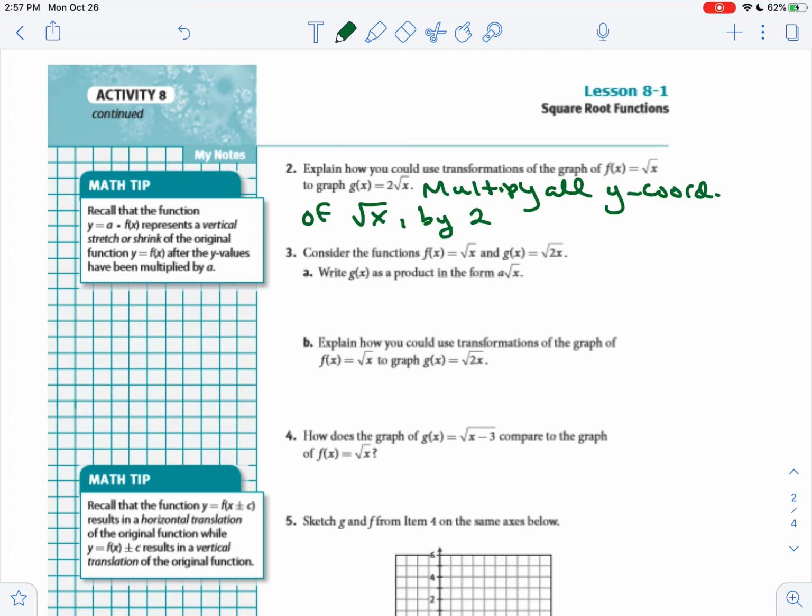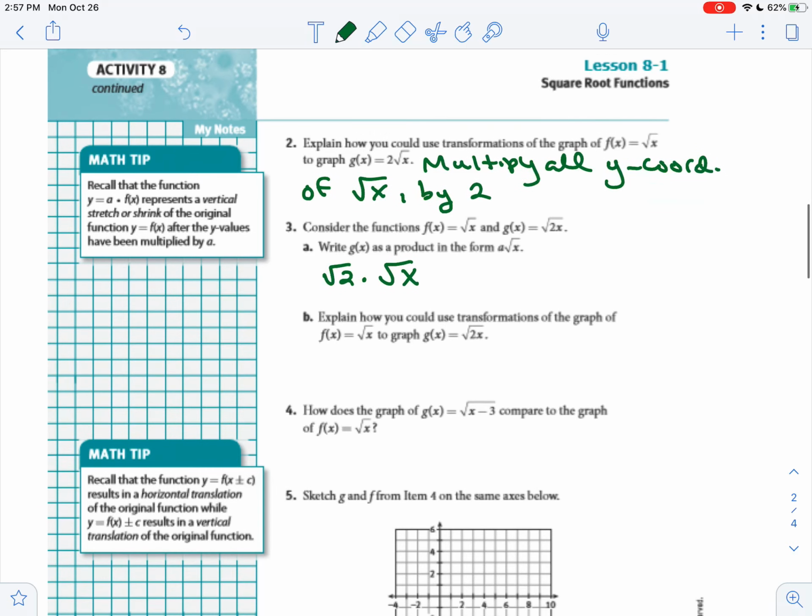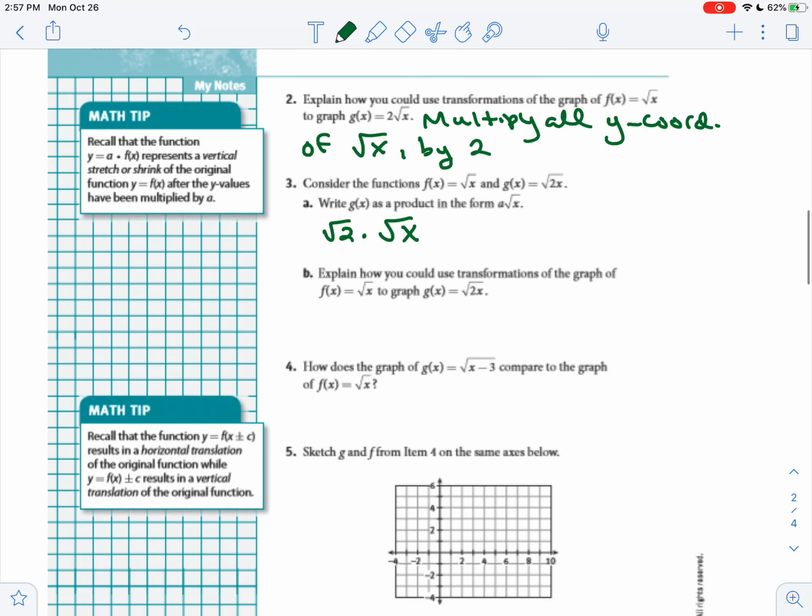That is a little different than question 3, where it shows g of x is the square root of 2x. The square root of 2x is not the same as 2 times the square root of x. We could rewrite it as the square root of 2 times the square root of x, which is different than 2 times the square root of x. That's a different transformation, so we'd have to multiply all the y coordinates by root 2.